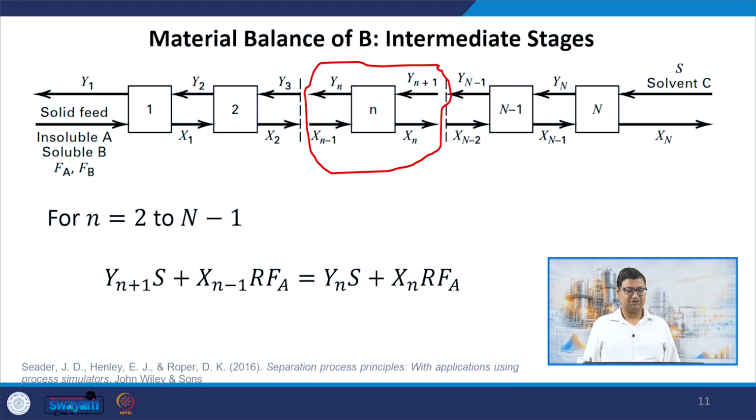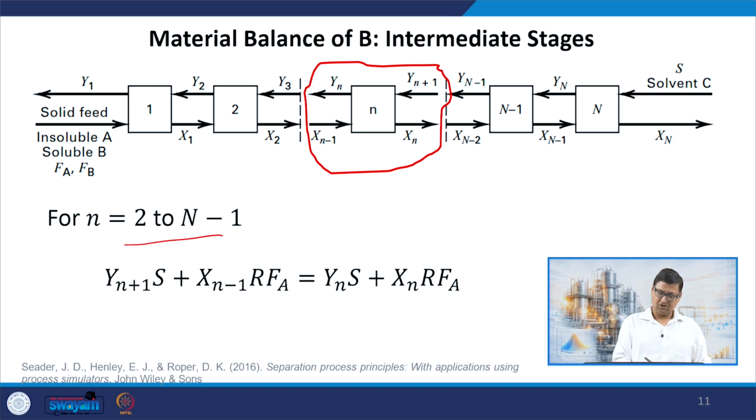Once we have done the solvent material balance, we can also do the material balance for B for intermediate stages, n equal to 2 to n minus 1 first. The same thing I will do for the terminal ones also, right.